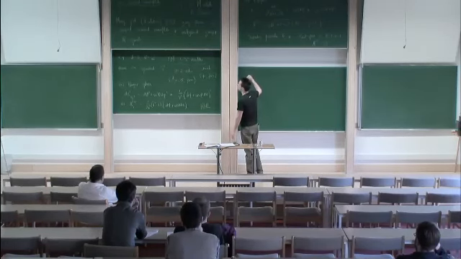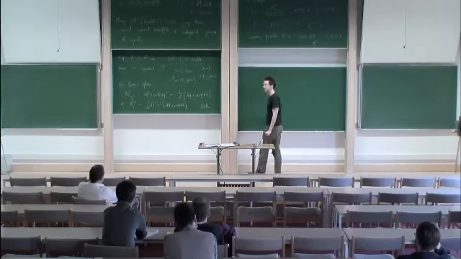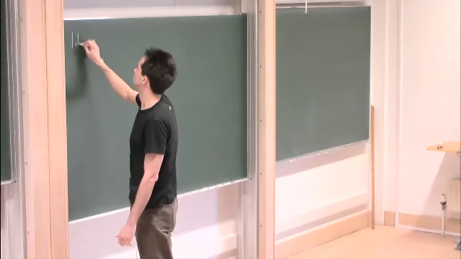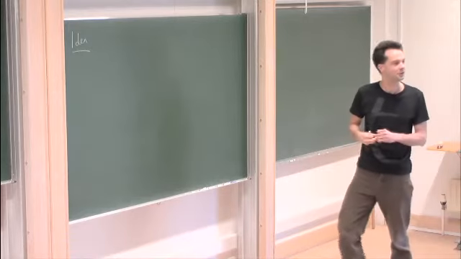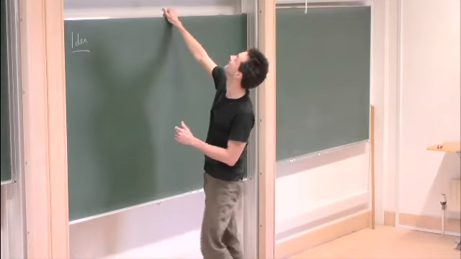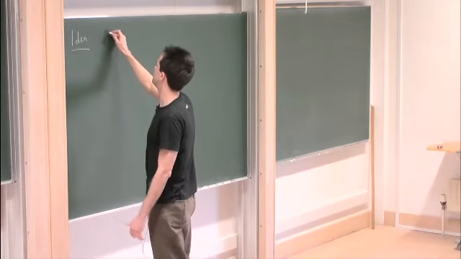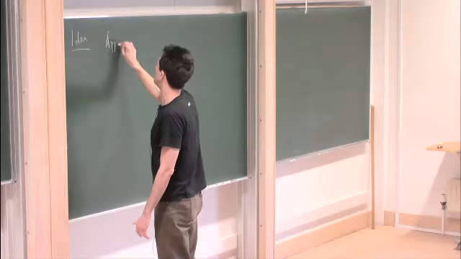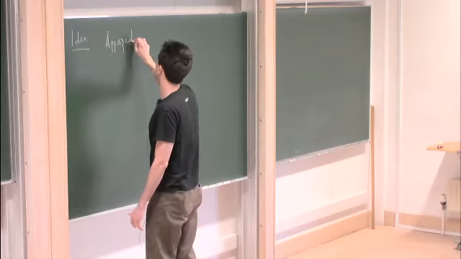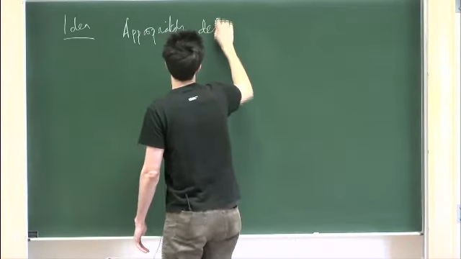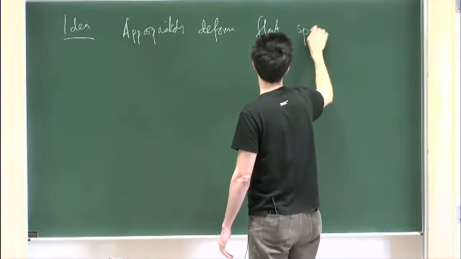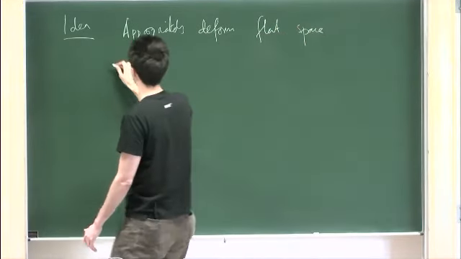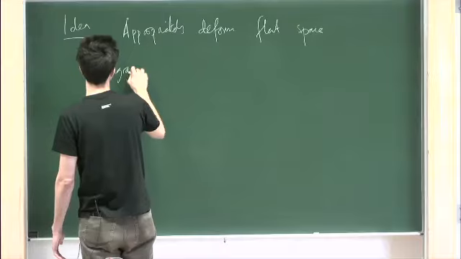So let me say a little bit about how you define these supersymmetric theories. Just a rough idea. I'm obviously not going to start writing out Lagrangians and supersymmetry transformations for these things. I'll be here all day. But the idea is you appropriately deform the flat space Lagrangian and supersymmetry transformations.